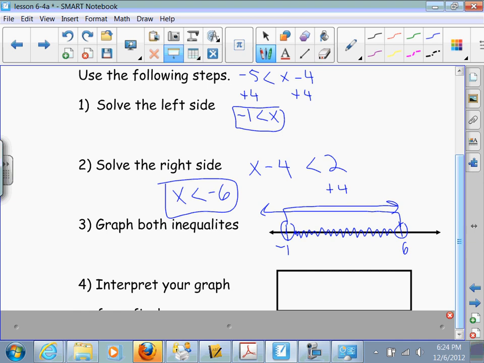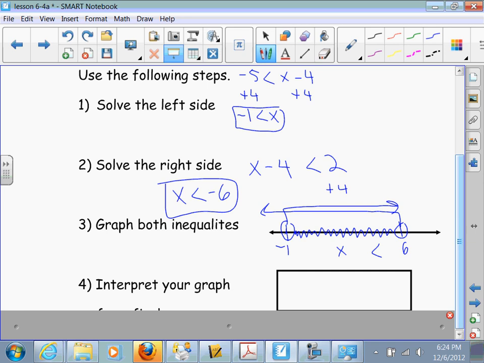And I'm going to interpret my graph here now. All right. Again, these are the values that x is satisfied for. Well, I have 6 on the right-hand side, and everything that's graphed is less than that. Okay. I have -1 on the left-hand side, and x is greater than -1.